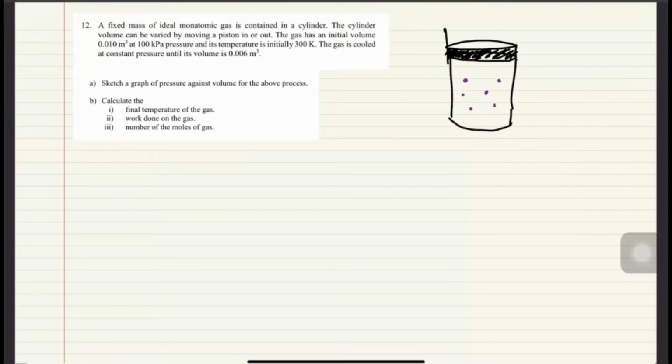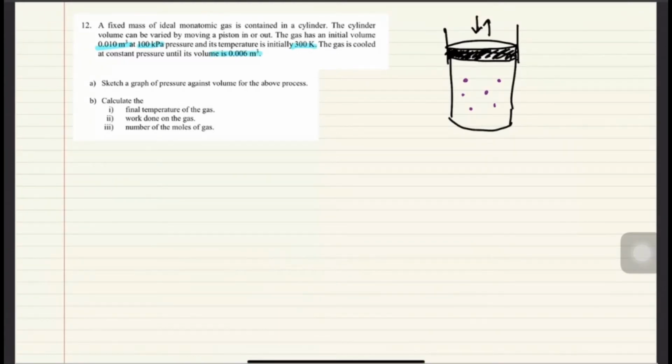This piston can be moving in and out to change the volume. The gas has an initial volume at 100 kPa. Temperature is 100 Kelvin. The gas is cooled at a constant pressure until its volume is 0.06.